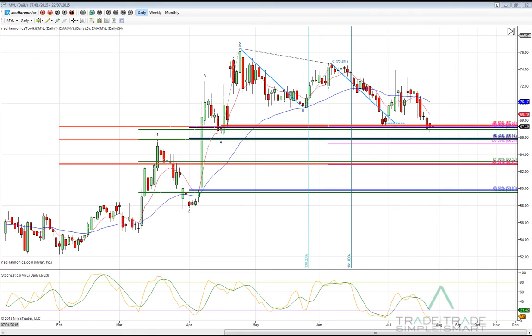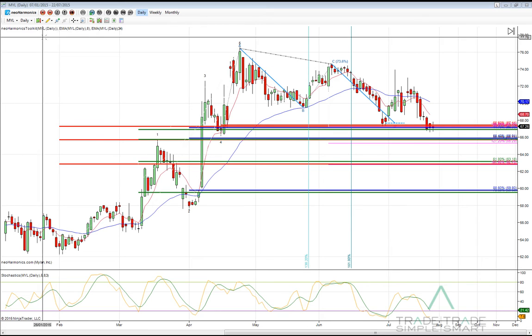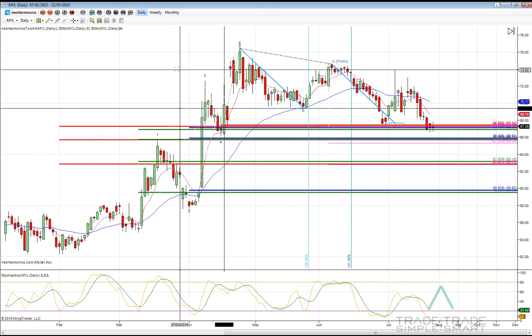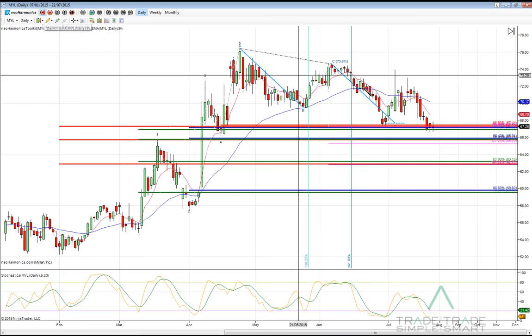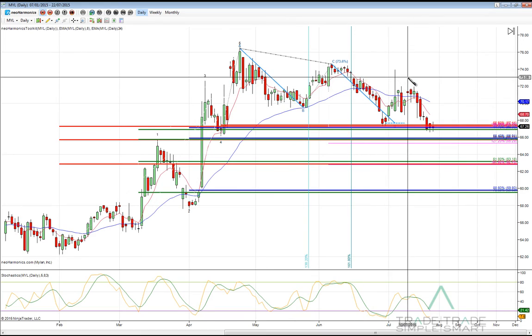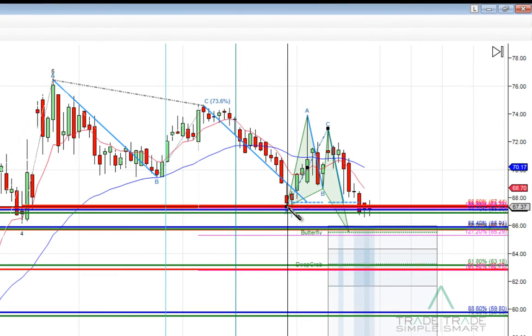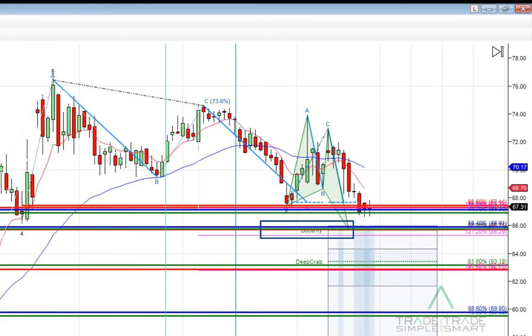So where and what is this harmonic pattern? If we take a look at the 2 swing highs that developed during the final swing, and we draw our harmonic pattern, we can see that we have a butterfly zone which enters into our second zone, and then we have a high probability deep crab pattern which has emerged into our third zone.